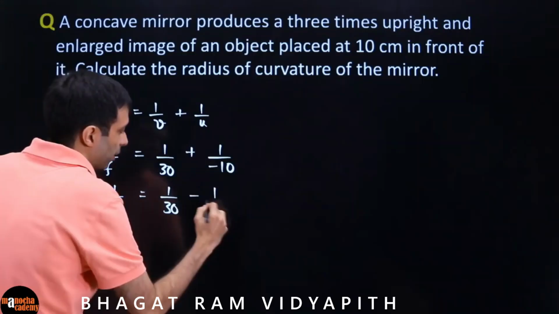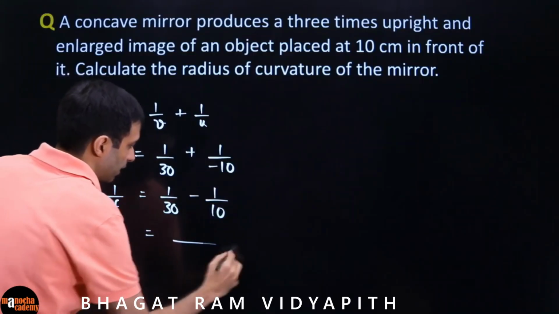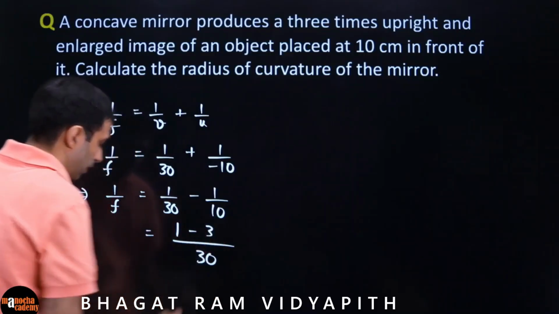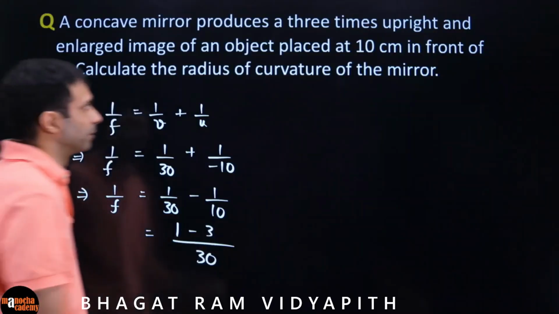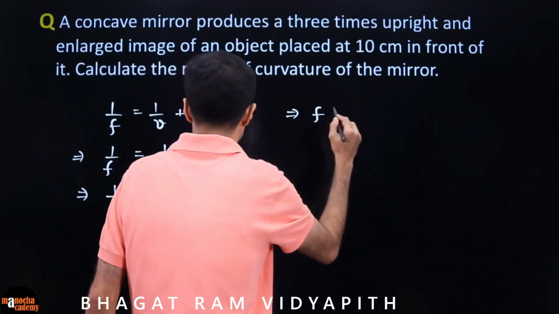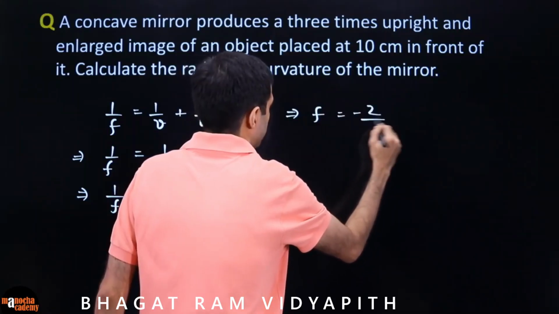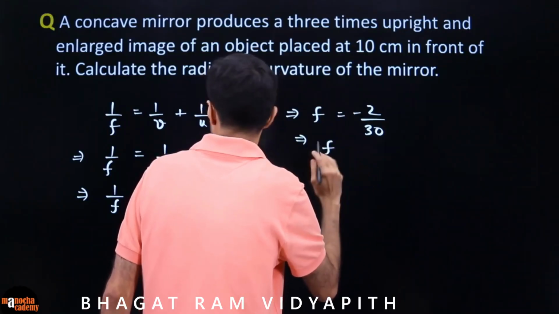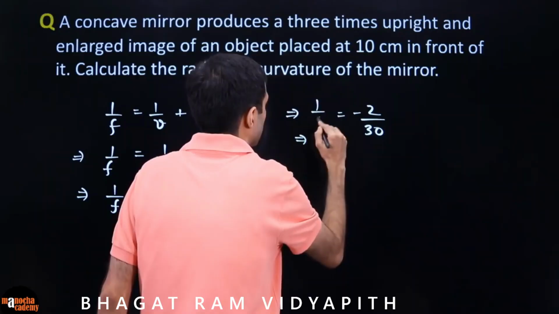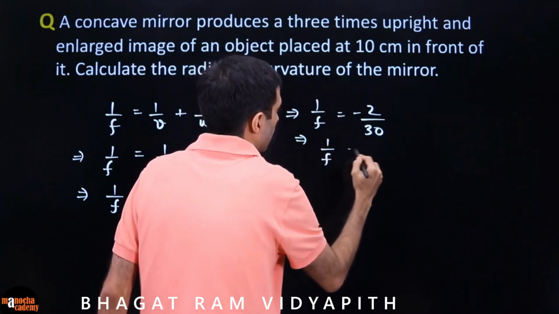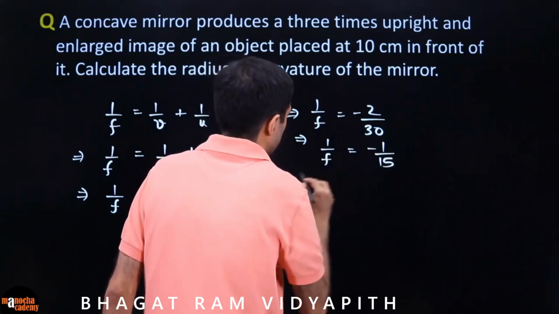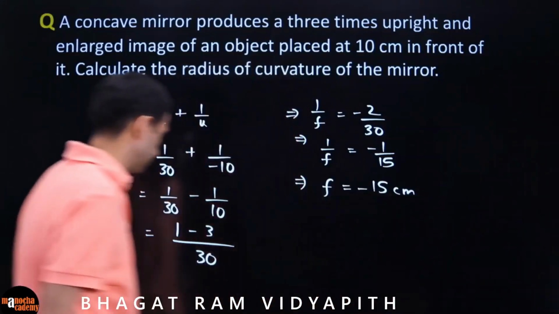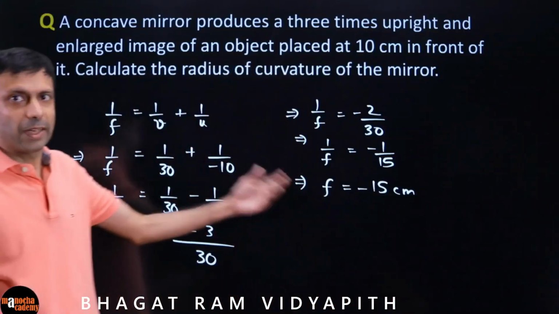You can bring this minus up here. So minus 1 by 10. Please take the LCM. LCM is 30. So 1 minus 3. So what are we getting? Focal length we are getting -15 centimeters.